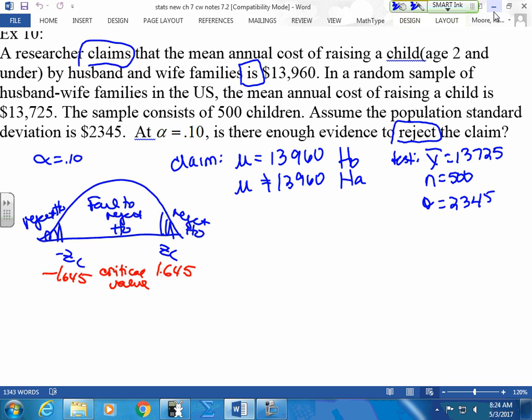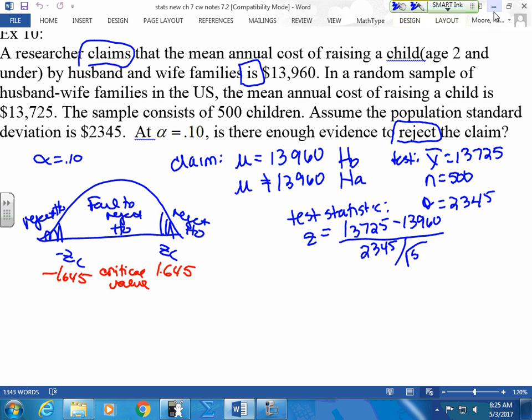This is good. Let me go see if my claim is really H0, because doesn't the H0 use the reject words? So I look at my claim. Is my claim H0? So I'm good so far. So now I'm going to find my test statistic. I'm going to take my x bar minus my population mean, over my standard deviation divided by my square root of n.